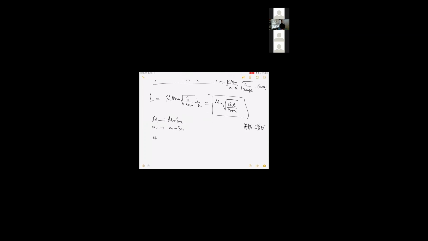So the relevant quantity is this, and this now goes to M plus delta M, and this stays the same because the sum stays the same. And as we saw, this quantity actually goes down. So therefore, this entire quantity goes down. So this also eliminates C. Cool.